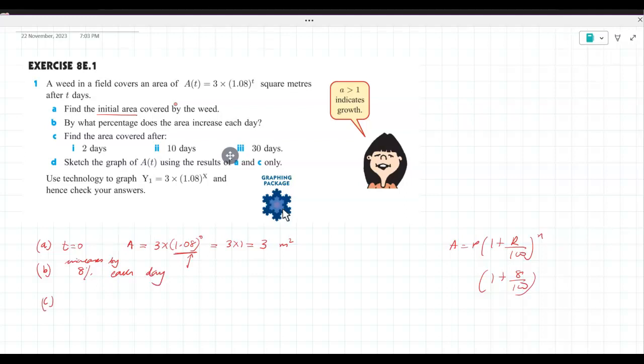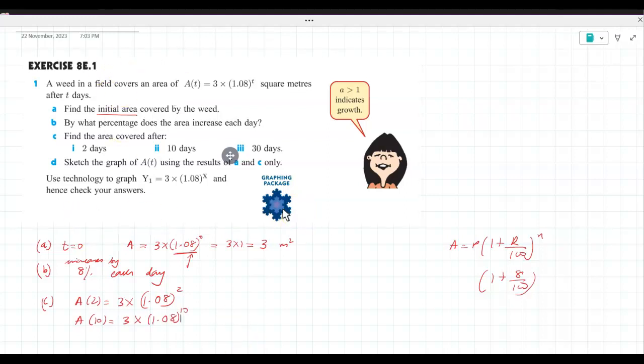Find the area covered after 2 days. Substitute t as 2. Listen, I'll tell you one more shortcut for this. You don't have to type this in every time.